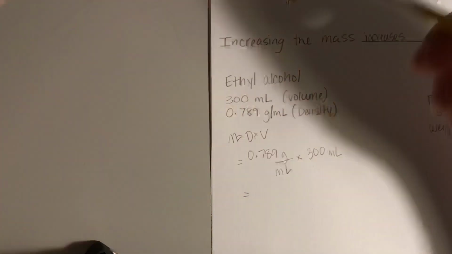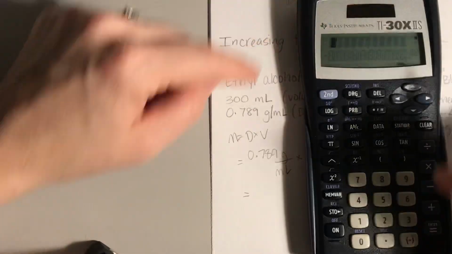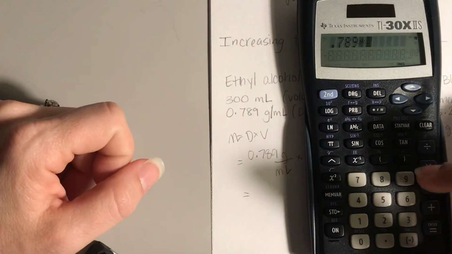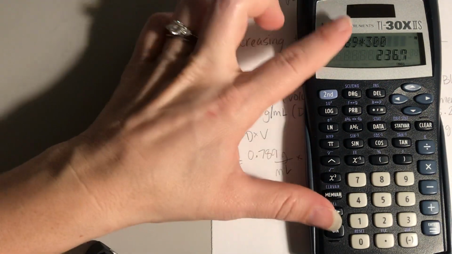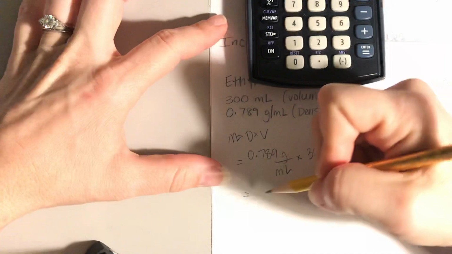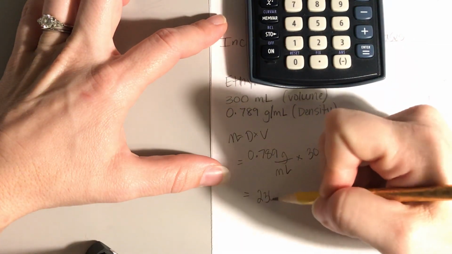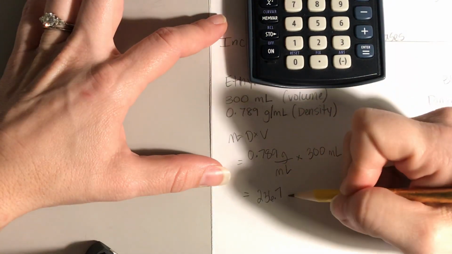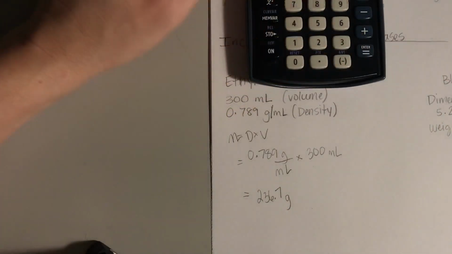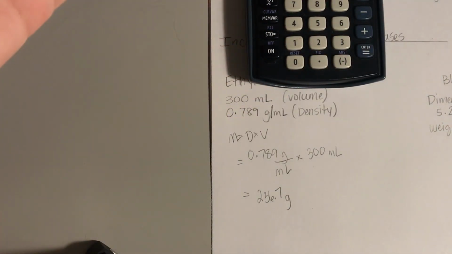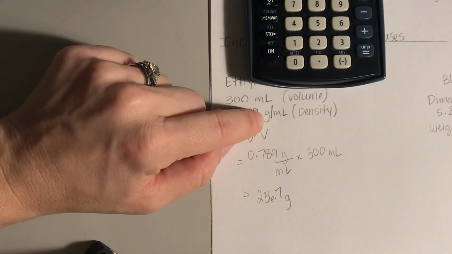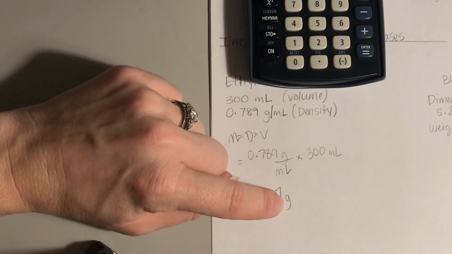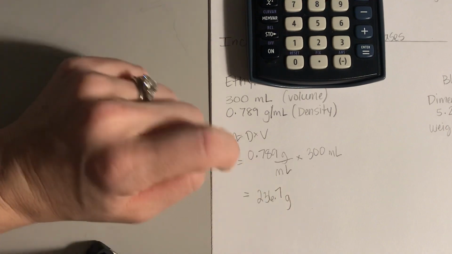And plugging those numbers into the calculator, 0.789 times 300 is 236.7. And our final unit is in grams. There are a lot of different units that they can use for mass, but because the density is in grams per milliliter, the mass is going to be measured in grams.